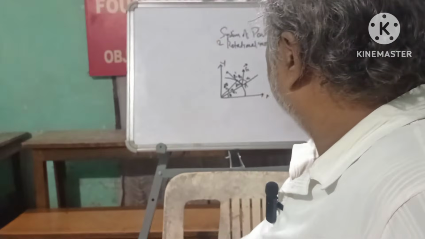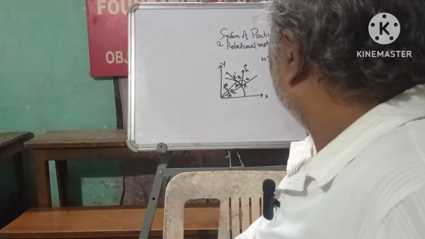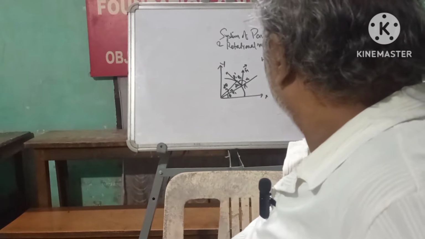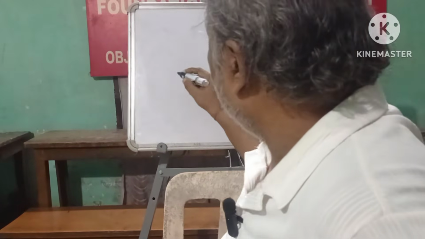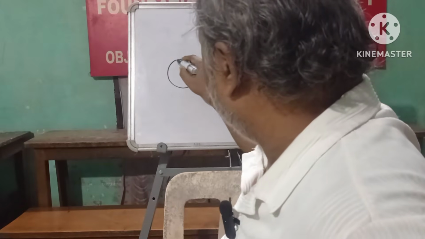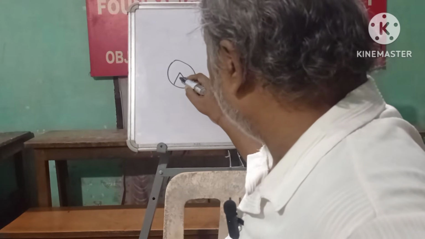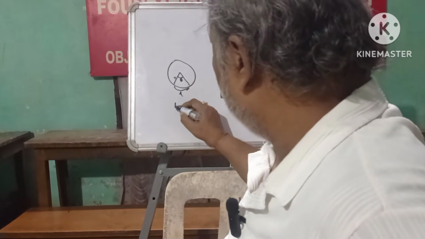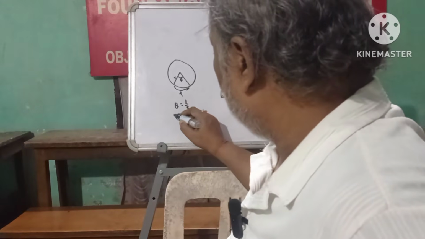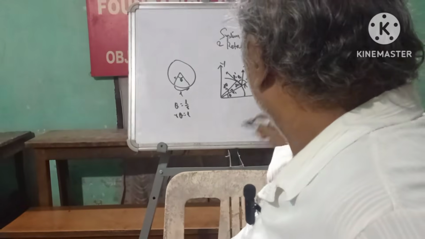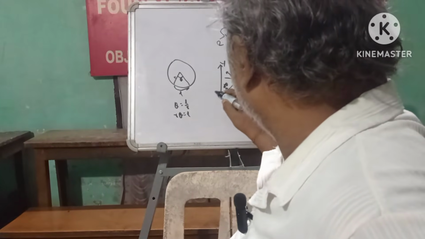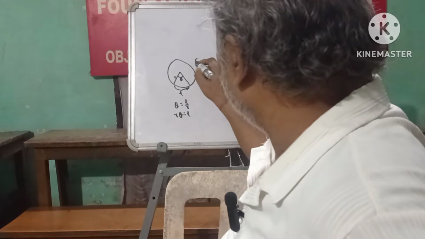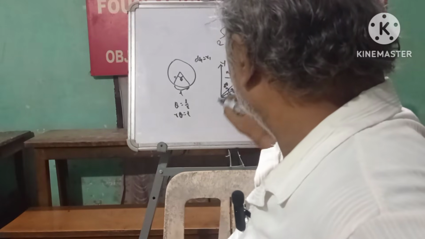Now here you will see what the work done is. Work done is equal to F1 dot ds1. You have learned in your earlier classes that if this is theta, this is r and this is the arc length L, then theta is equal to L by r, so r theta is equal to L. So here ds1, the arc length, will be equal to r1 d theta.